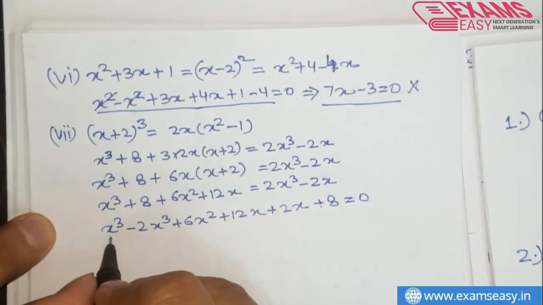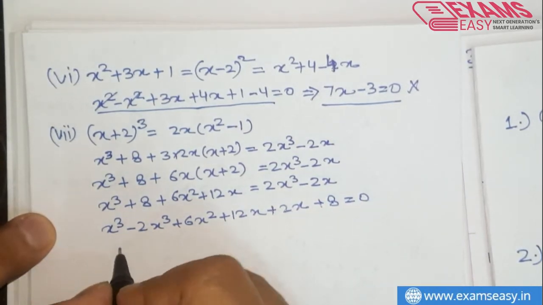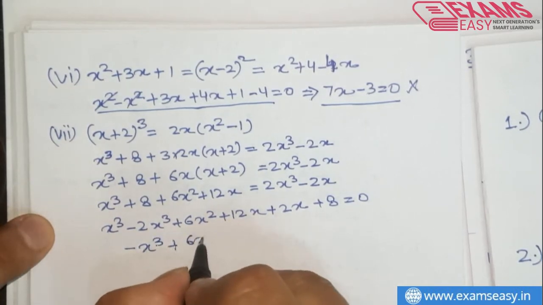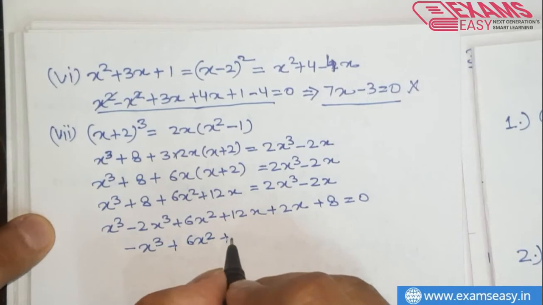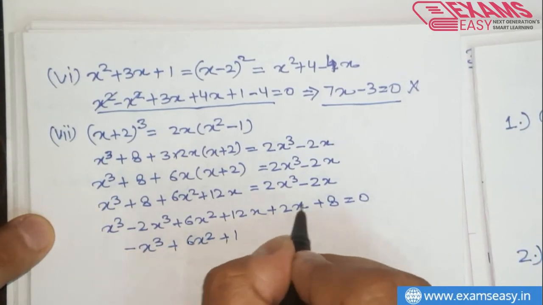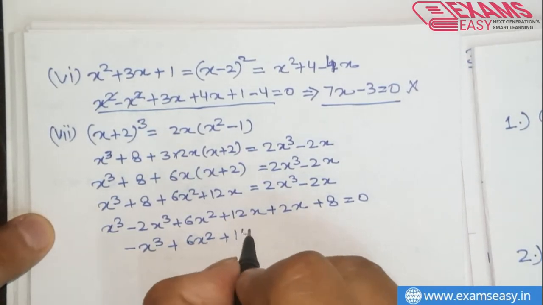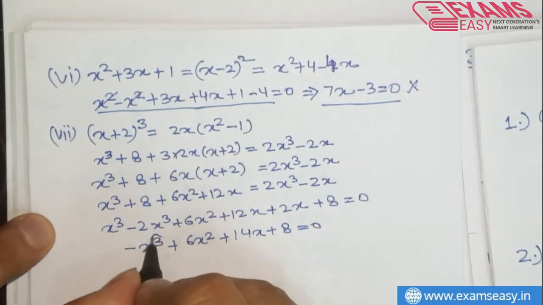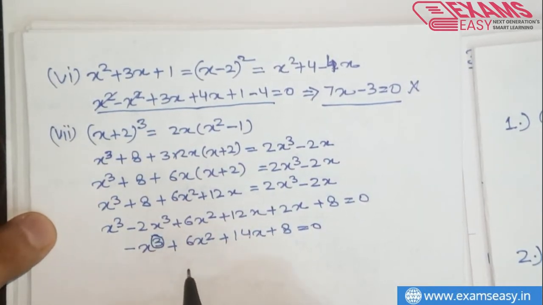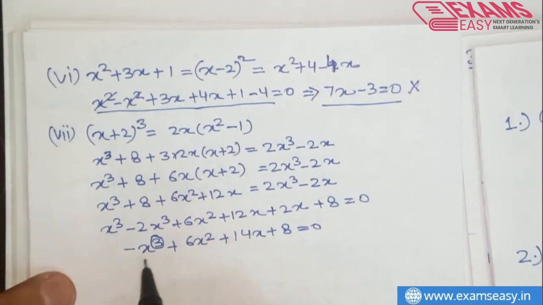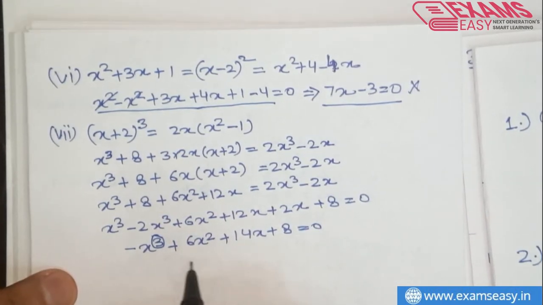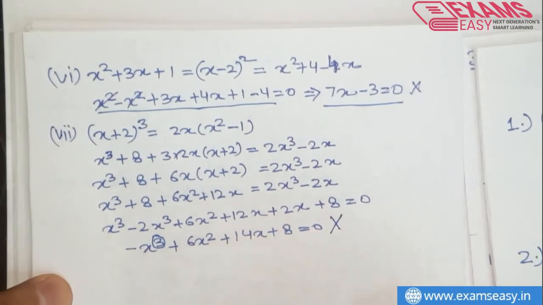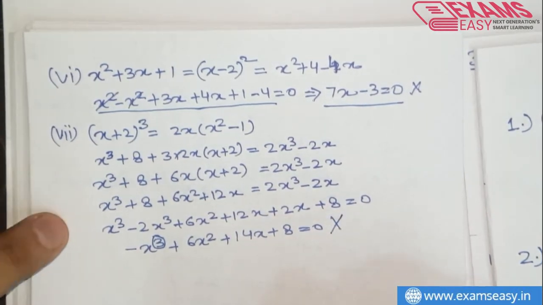So x cube and minus 2x cube will give us minus x cube plus 6x square plus 12x plus 2x will give you 14x plus 8 is equal to 0. Since the maximum power of x is 3, so this is a cubic polynomial, it's not a quadratic polynomial, so the given expression is not a quadratic one.